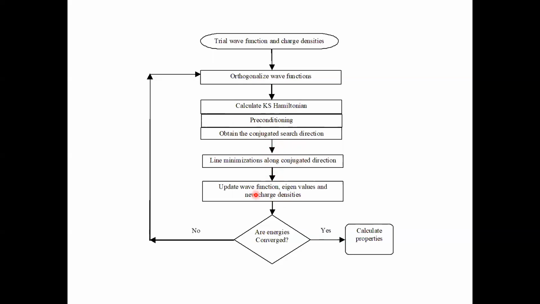Once you minimize the energies, you update the wave function, get the eigenvalues, and using these new quantum orbitals, you again build a new charge density, and you ask whether the energies have converged. If not, you repeat this procedure. Once you have a converged system, you use this converged electronic density to compute properties.